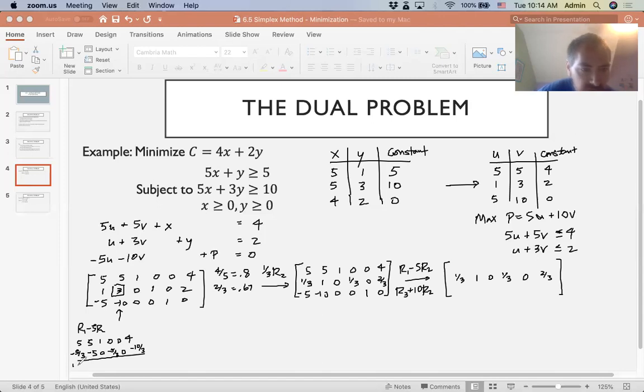Which gives 10/3, 0, 1, negative 5/3, 0, and 2/3.